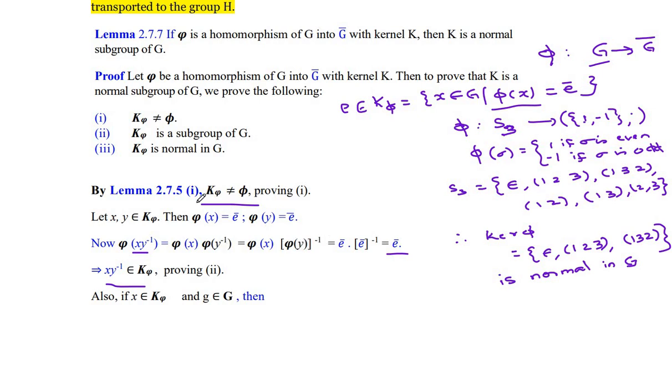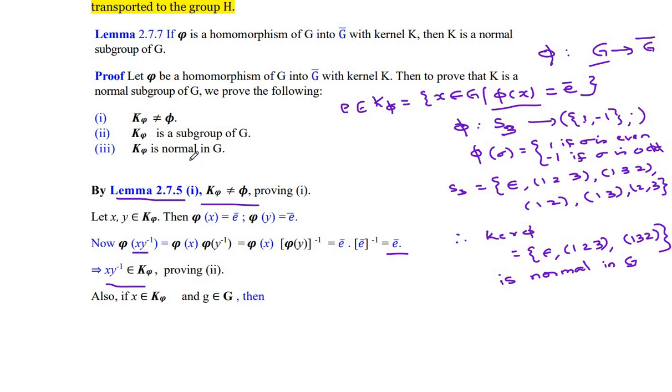So by the second subdivision in this lemma, we have this step. So we have this to be e bar inverse, and of course for the identity element the inverse is itself. So we have this to be the identity element of the codomain. So this element being taken to the identity element, it has to be a member of kernel phi. So that proves the second one.